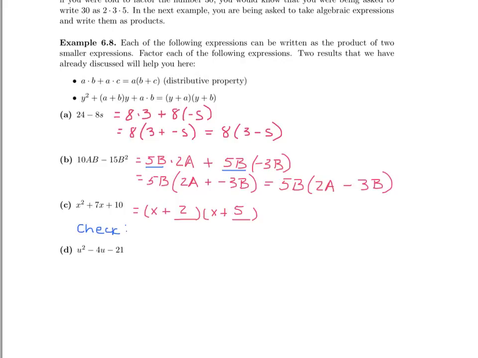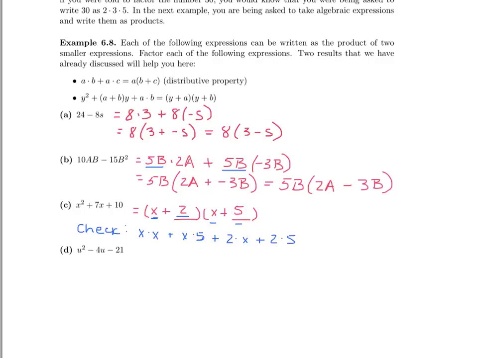So the x here will have to multiply the x and the 5. So I take x times x and x times 5. Also the 2 has to multiply both the x and the 5. So I have 2 times x plus 2 times 5.